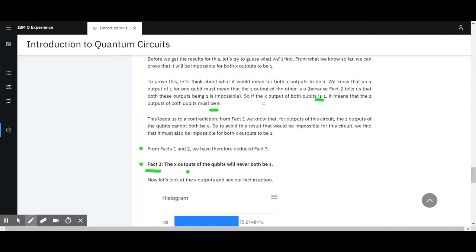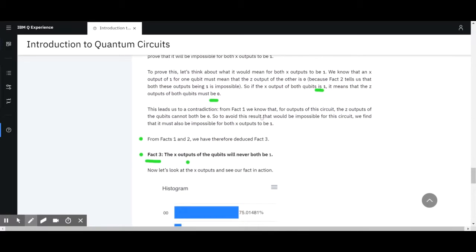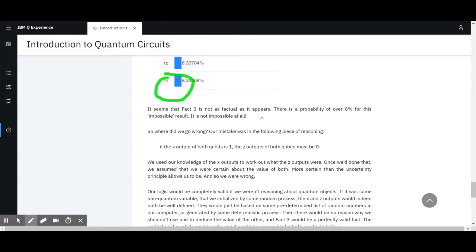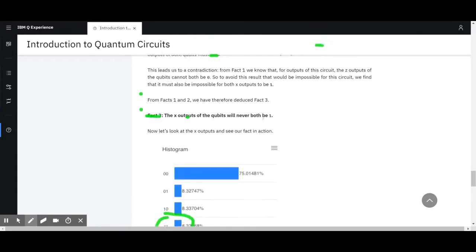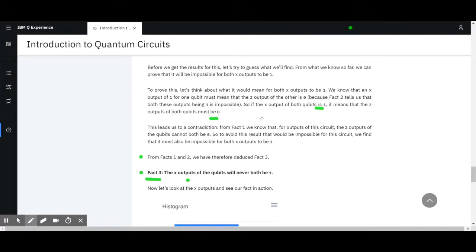I mean, it's not correct, but it's sort of a statement that you could make, and that's where the mistake is, that you're basically assuming that you know how those dimensions relate to each other, the Z and the X, because you think in terms of a classical system, where everything is sort of defined.